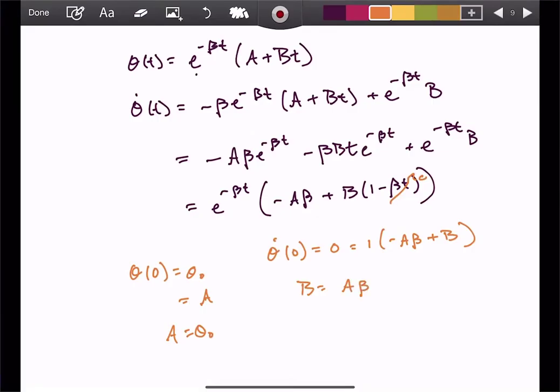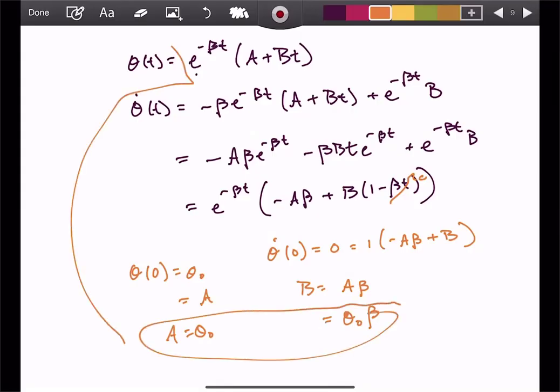Good. So this is the same thing as theta 0 times beta. So this is my B term. Let's put all that back into this expression here. Let's put these two back into both here and here.